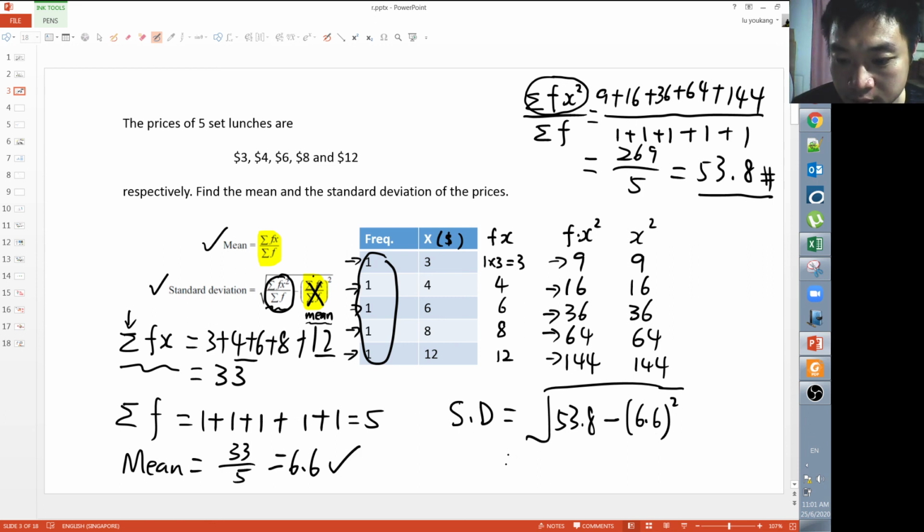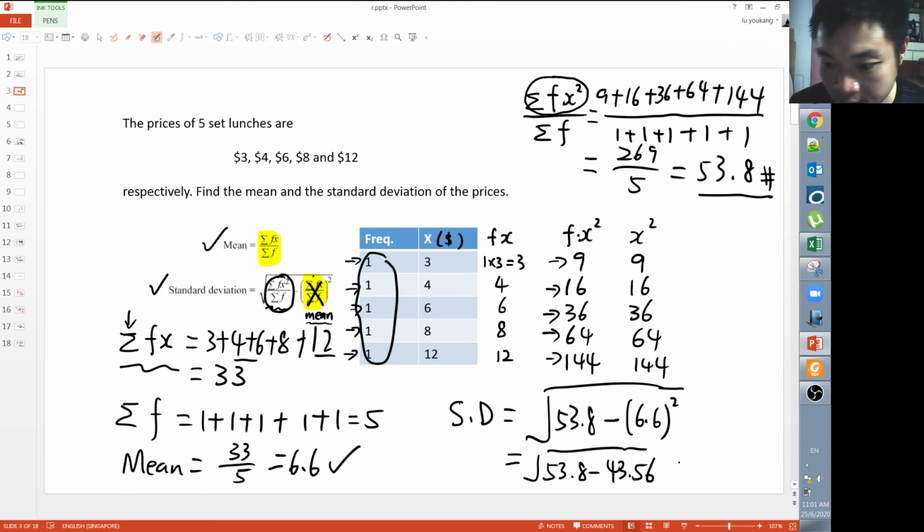And now your job is pretty simple. Key in the value into your calculator. So 6.6 squared, you will get 43.56. So use your calculator and figure this out: 53.8 minus 43.56, square root of this 10.24. Alright, very simple, right?